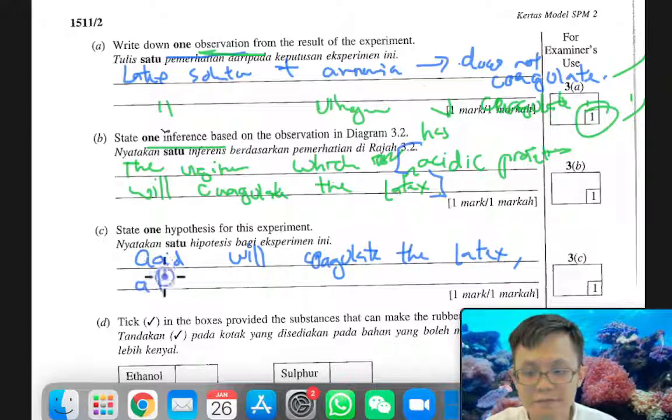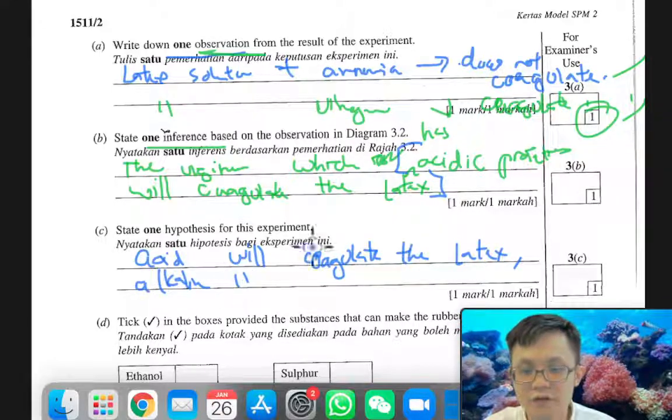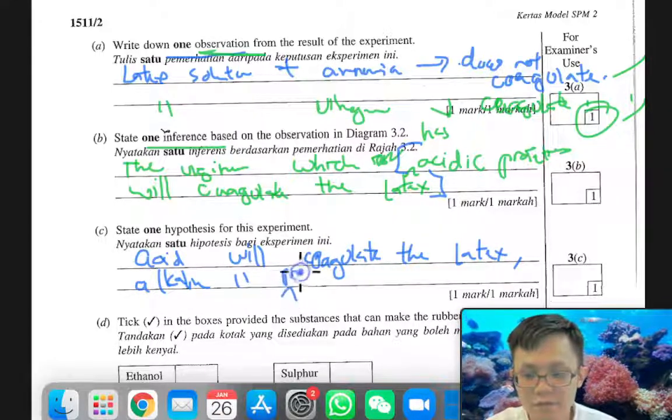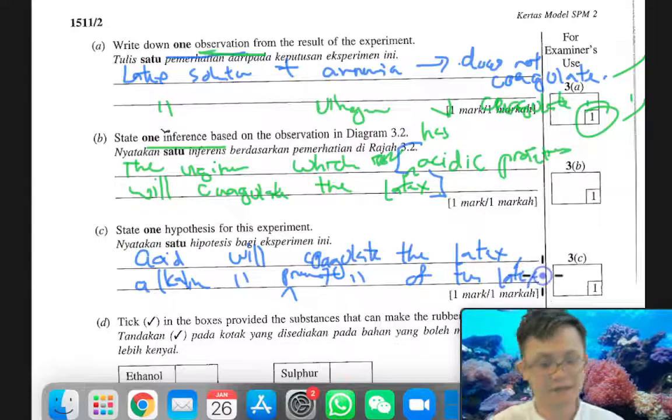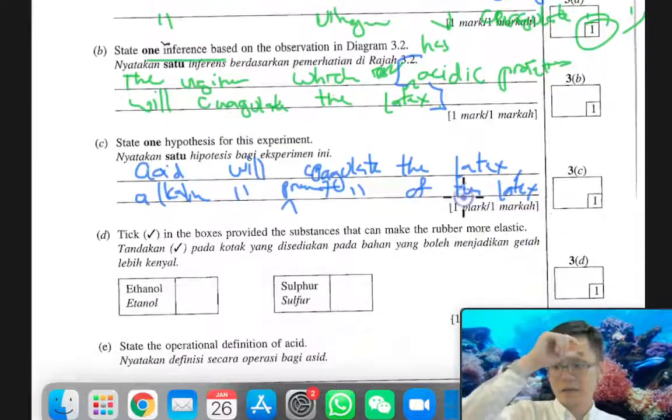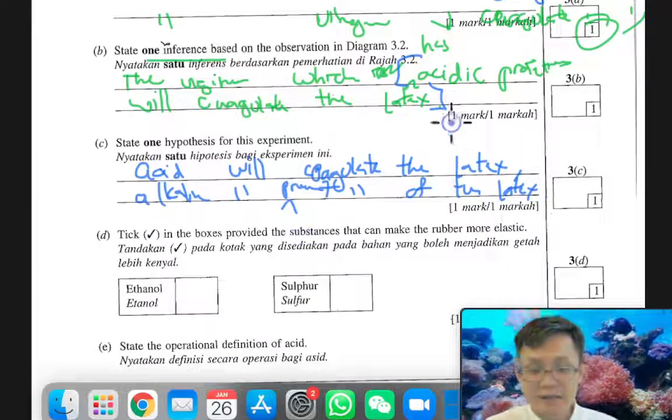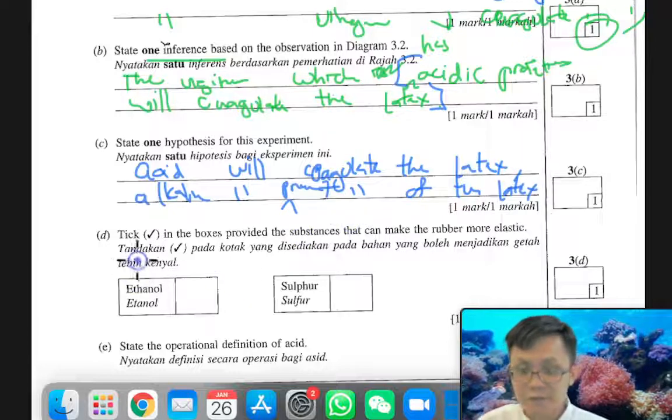Alkali will prevent coagulation of the latex. Anything, just stop me if you have any question.